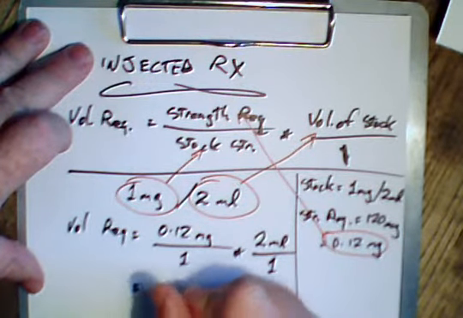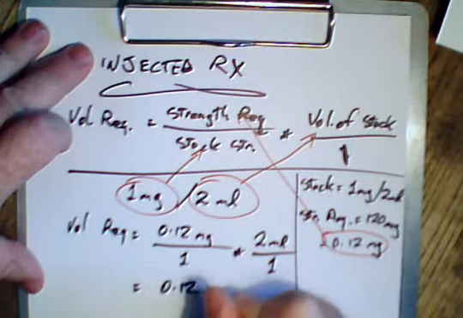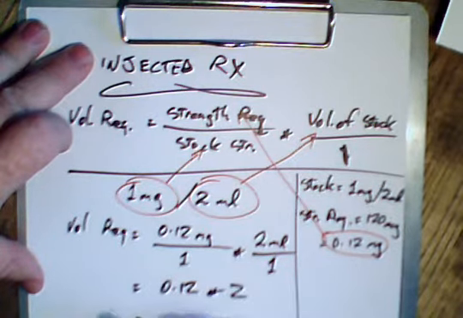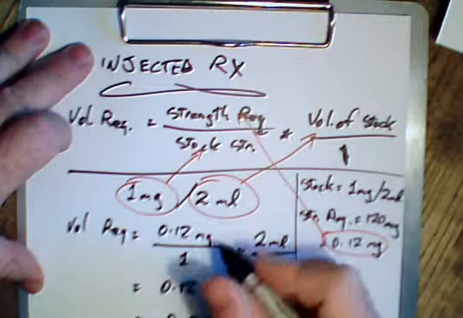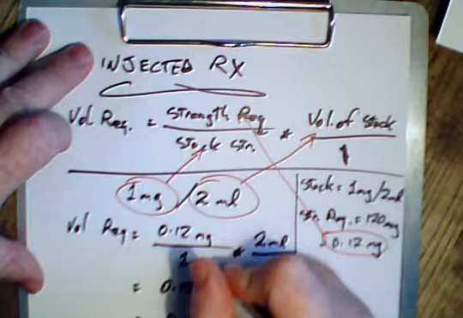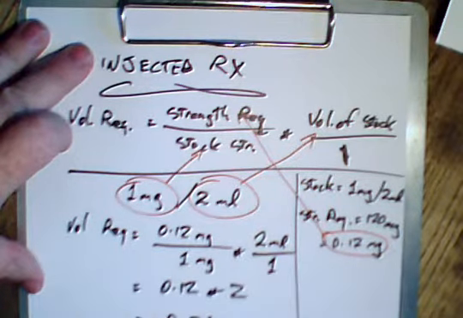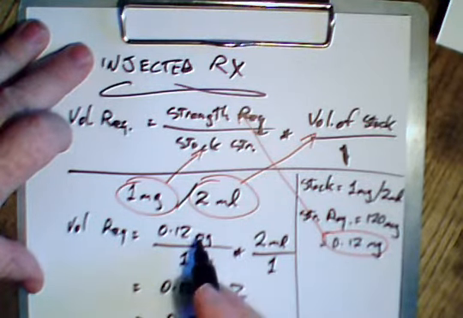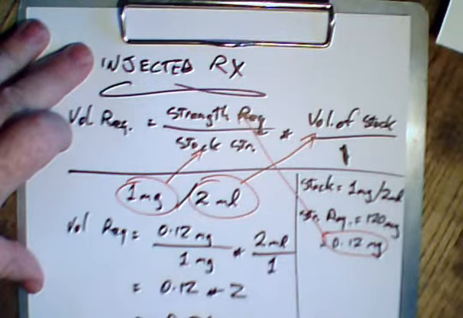It becomes 0.12 times 2 equals 0.24. Okay, and what have we got here? I should have put it in before, but we've got milligrams underneath and on top we've got milliliters, so we know that our end product is milliliters because these divide out.